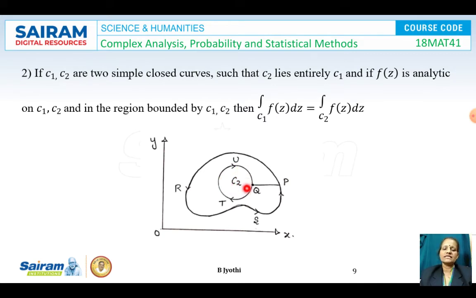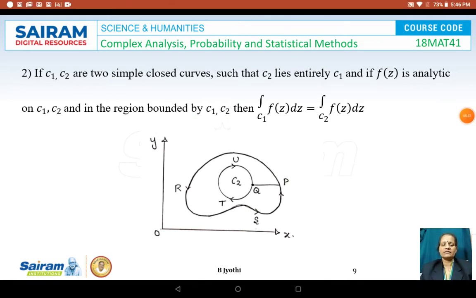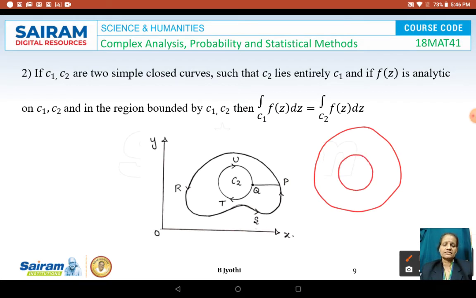If C2 is lying inside C1, and if f of z is analytic on C1 and C2 and in the region bounded by C1 and C2. What does bounded by mean? See here, this is the curve C1 outside, another curve is C2. This we will call the annular region.